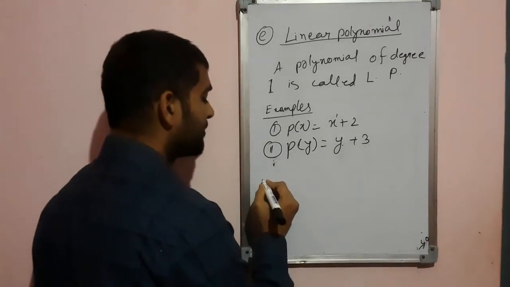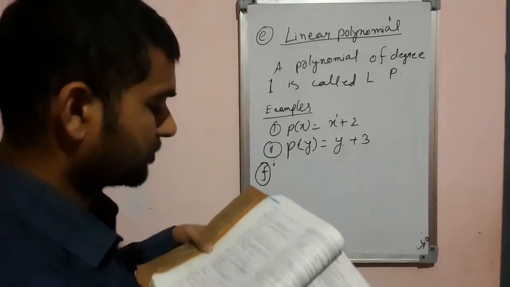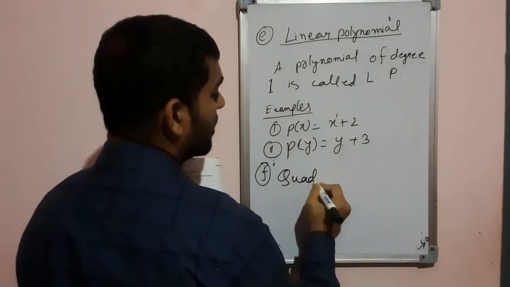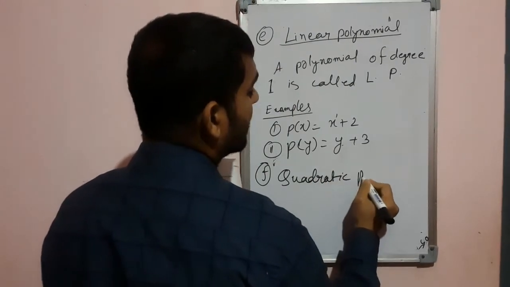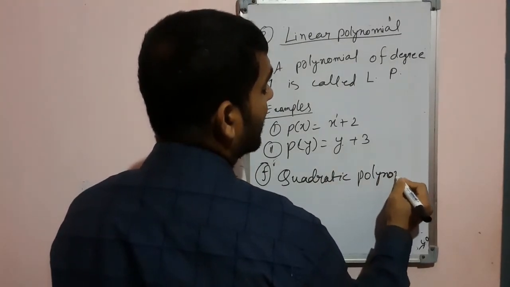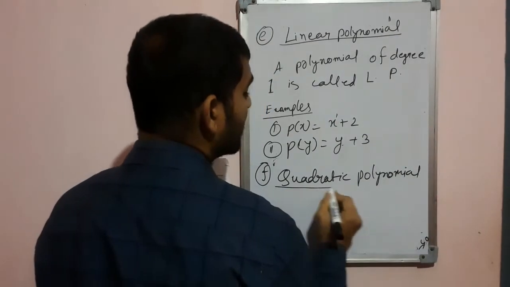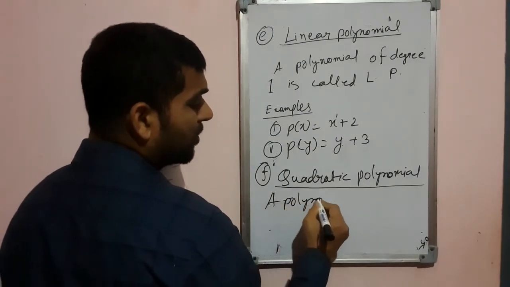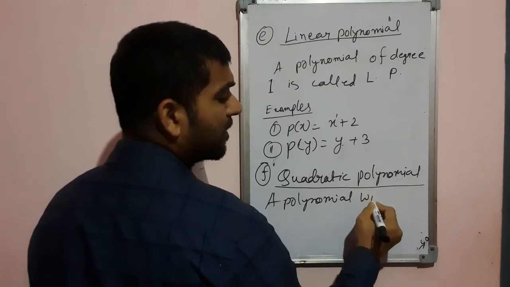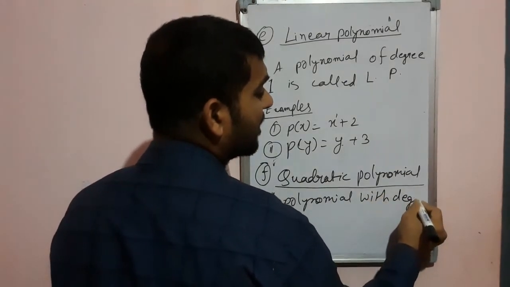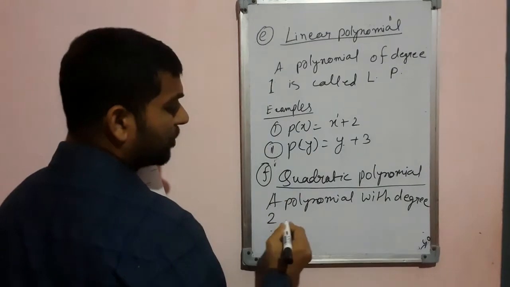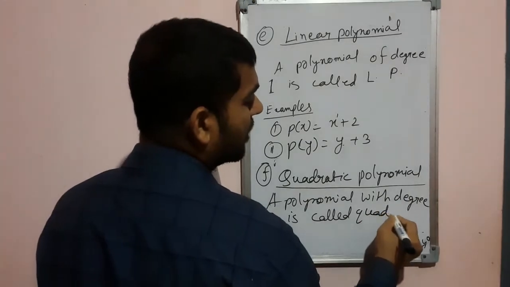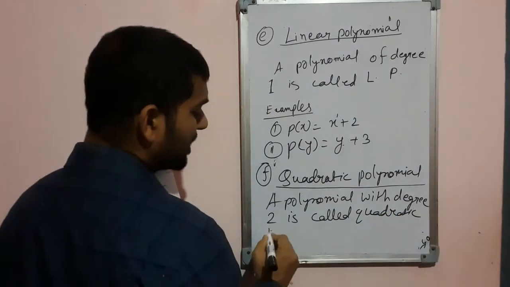Now the next one is quadratic polynomial. What will be the definition? A polynomial with degree 2 is called a quadratic polynomial.